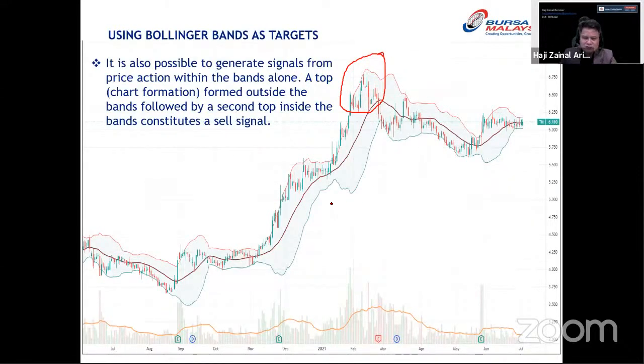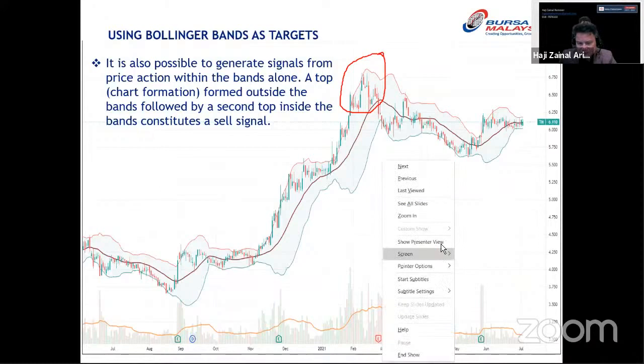Instead of having to wait until the price drops below the 20 days moving average, which can take quite some time. How many days is it here? I think there are a lot of days here before it crosses the 20 days moving average.